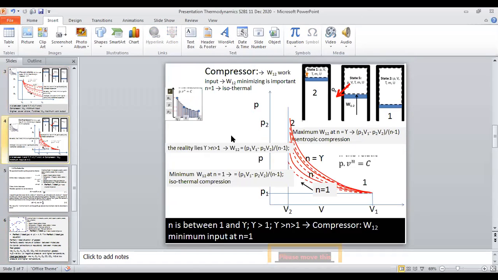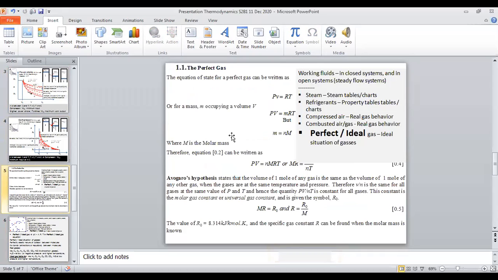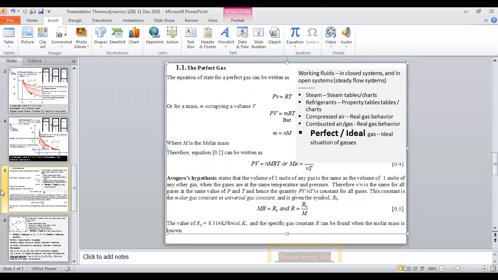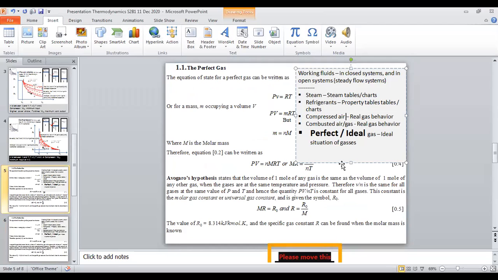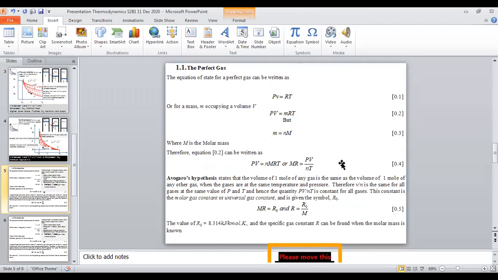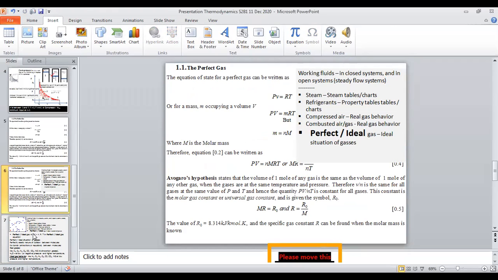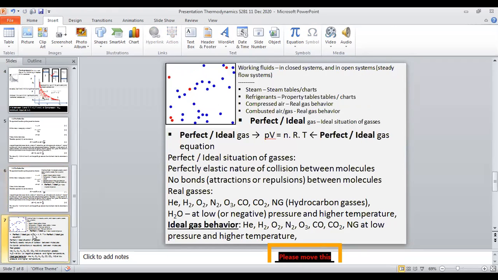So go through your notes and see whether you can get this knowledge about perfect gases. I need the slides. Give this as 3 slides. One is here, the other one is this one. So PV equals nRT. Understand this, PV equals nRT.